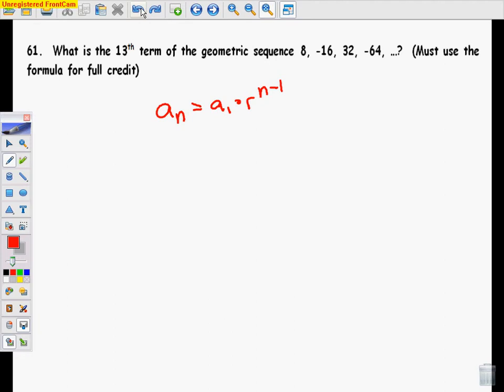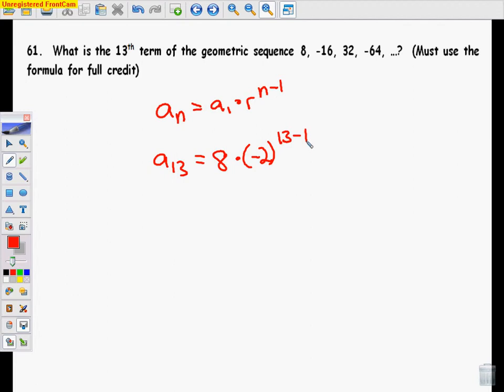So n is the term that we're looking for. In this problem, we're looking for the 13th term, so we're looking for a sub 13. That just means the 13th term. So to find the 13th term, we take a sub 1, the first term, which was 8, multiplied by the common ratio, which was -2, and raise that to the n minus 1, so that's 13 minus 1.